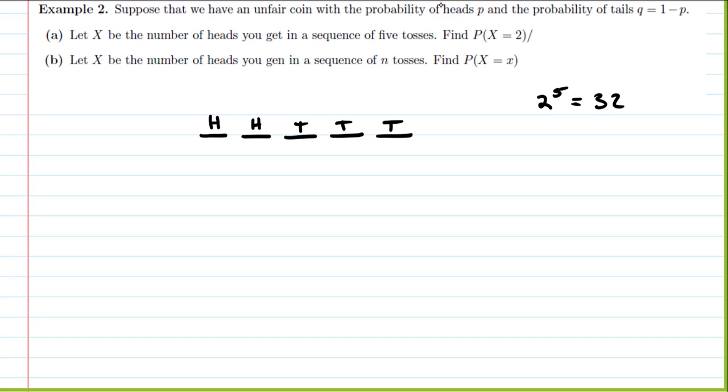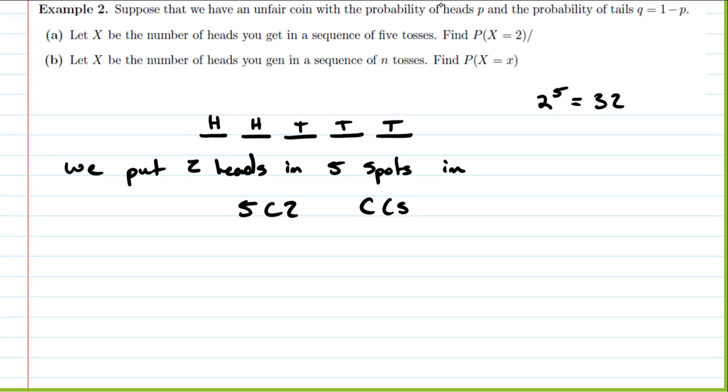So what are we going to get? 5 choose 2. We can put 2 heads in 5 spots in 5 choose 2 ways. Wait a minute, our book uses this notation. 5 choose 2 ways. Right?